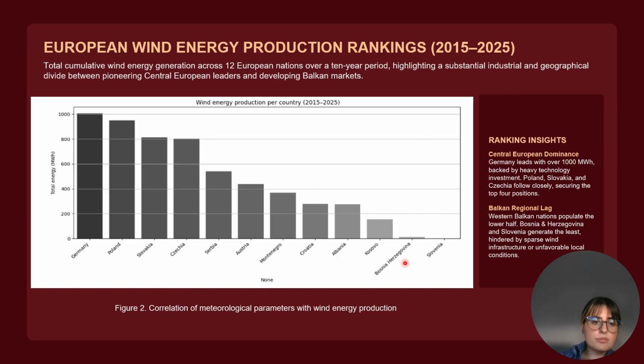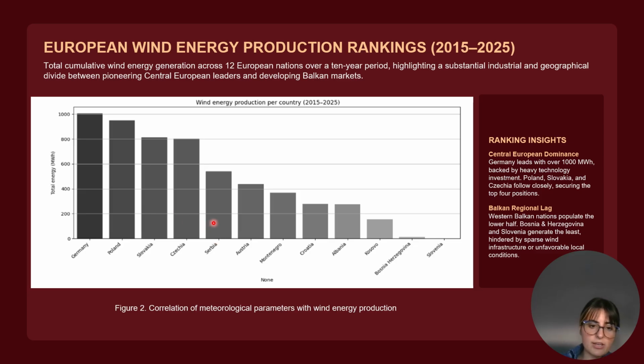The top producers of energy are, of course, the more central, highly developed countries like Germany, which is the leader here, with Poland following Germany with roughly 950 production. In the upper middle we have Slovenia and Czechia.